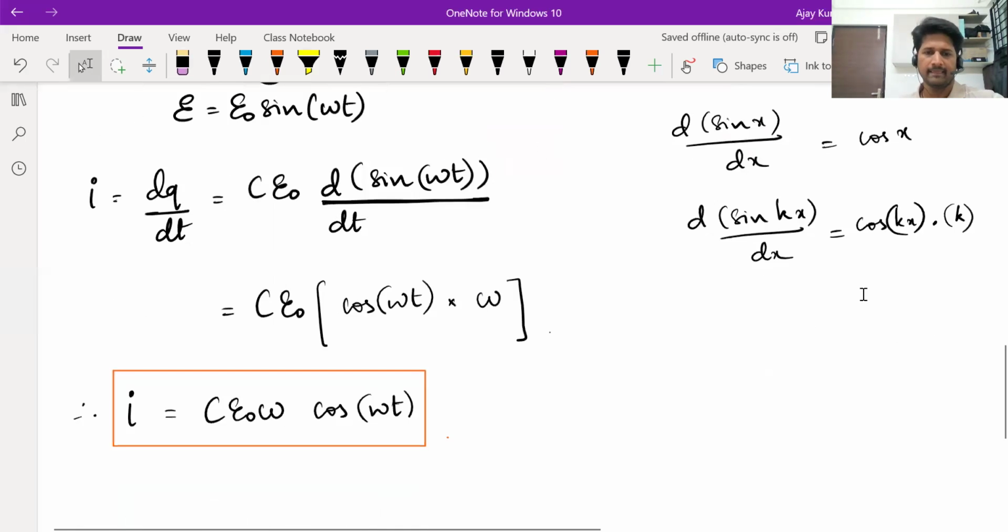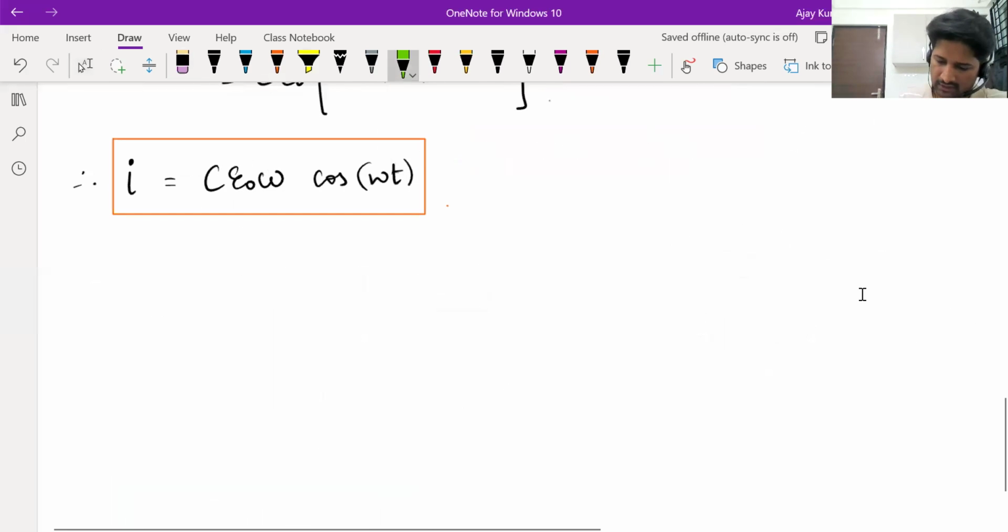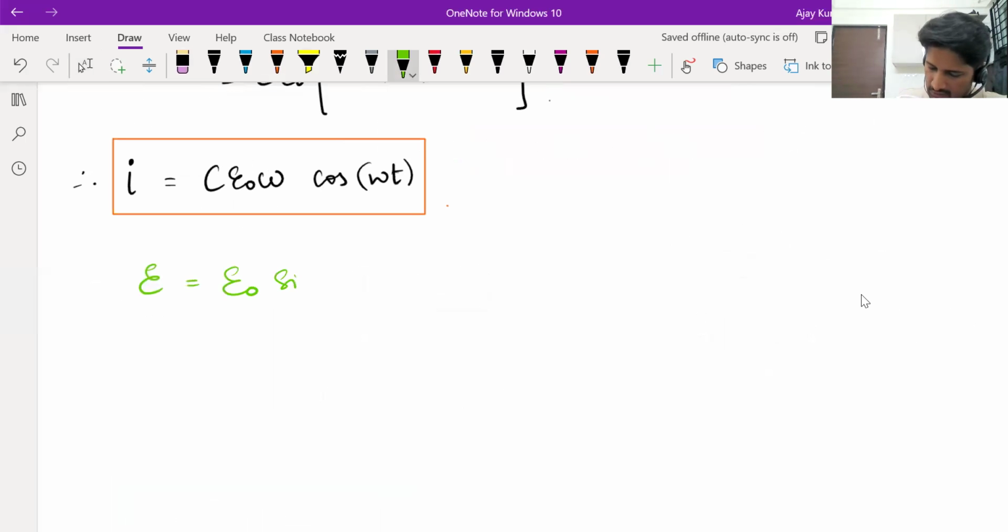Okay. So observe what we got here. The EMF equation was of this form: E is equal to E naught sine omega t. But we got the current equation in this form: I is equal to some constant C E naught omega, right? This constant C E naught omega, let's call it I naught, because that will be the maximum value of this function.